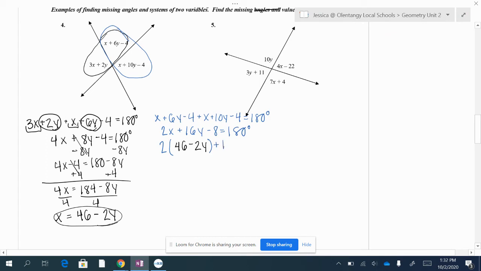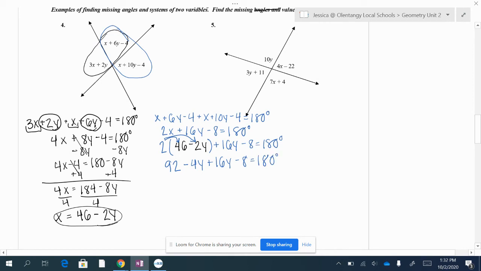So plus 16y minus 8 is equal to 180 degrees. I can then distribute. 2 times 46 is 92. 2 times negative 2 is minus 4y. Plus 16y minus 8 is equal to 180 degrees.